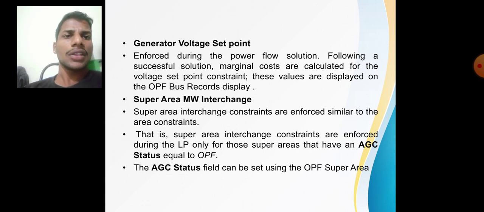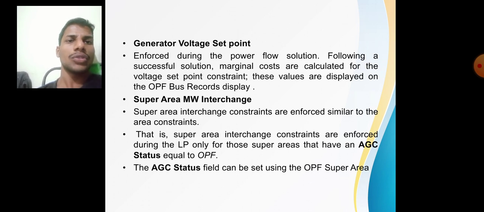Next, the super area megawatts interchange. The super area megawatts interchange constraints are enforced similar to the area constraint. The super area interchange constraints are enforced during the LP only for those super areas that have the AGC status equal to OPF.